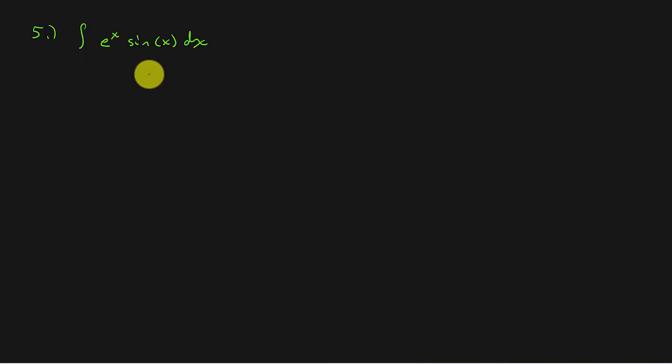If we let u equal sine x, the derivative of u is cosine x. If we let dv equal e to the x, well, v would be e to the x. And if we let dv equal sine x, then v would be negative cosine x. So what do we do?